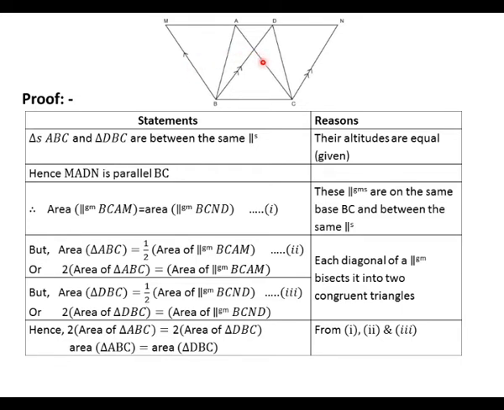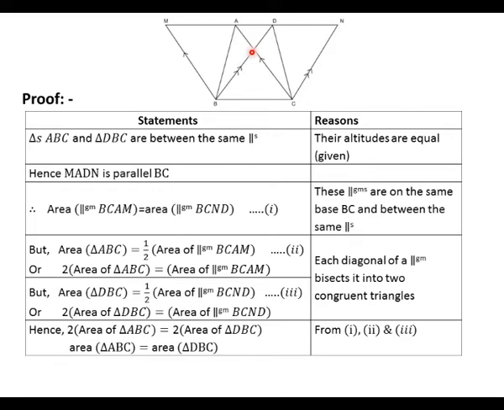So the opposite sides are parallel, hence it is a parallelogram. With the same arguments, if we look at the figure BCND, it is again a parallelogram because DN and BC are parallel, and in the construction we also said that CN is parallel to BD, which means this is another parallelogram.